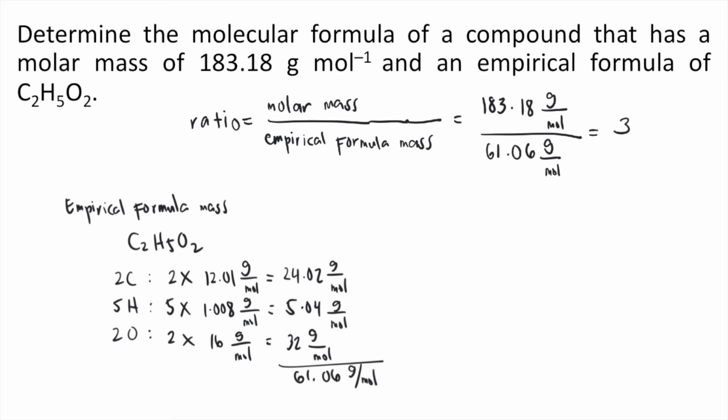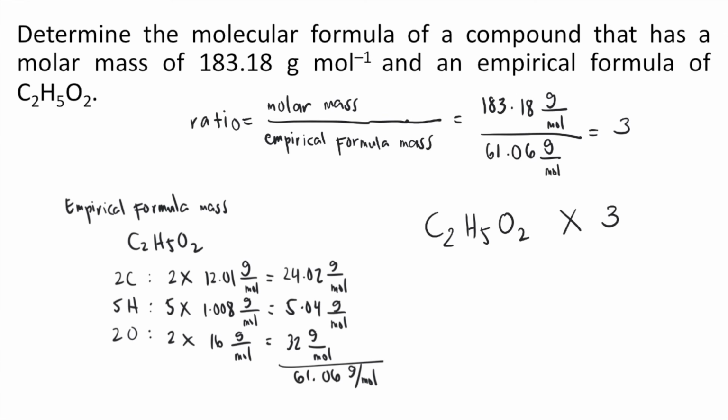You will multiply the ratio to all of the subscripts in the empirical formula. Again, our empirical formula is C2H5O2. So you multiply all subscripts by 3.